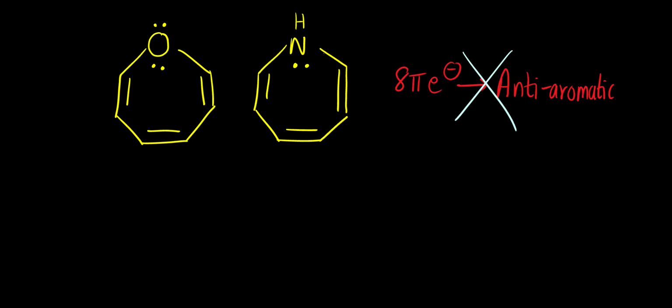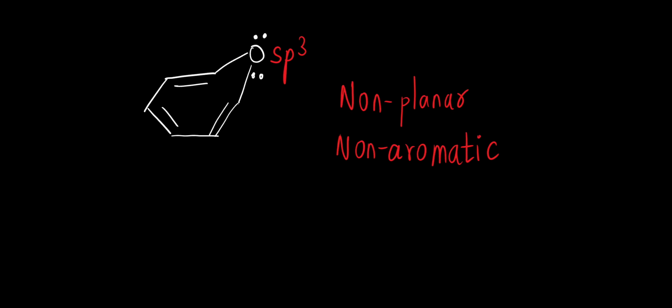The answer is again no. So always remember, molecules have a tendency to avoid anti-aromaticity, because we know in the stability order anti-aromatic compounds are least stable. Okay, then comes non-aromatic, and aromatic is most stable.